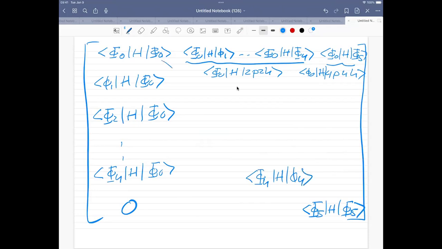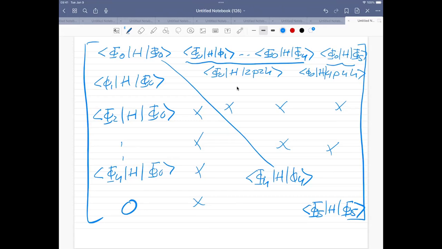And this goes all the way down here with all the diagonal elements. And then we will have blocks of matrix elements which will be non-zero, because we can always connect a 2-particle 2-hole state with a 4-particle 4-hole state. So the only zero matrix element will be the one which connects a 0-particle 0-hole state with a 4-particle 4-hole state. So this is an example of a Hamiltonian matrix which you can set up.